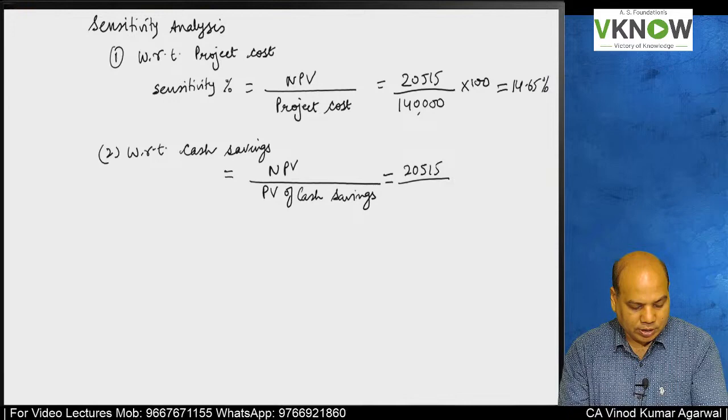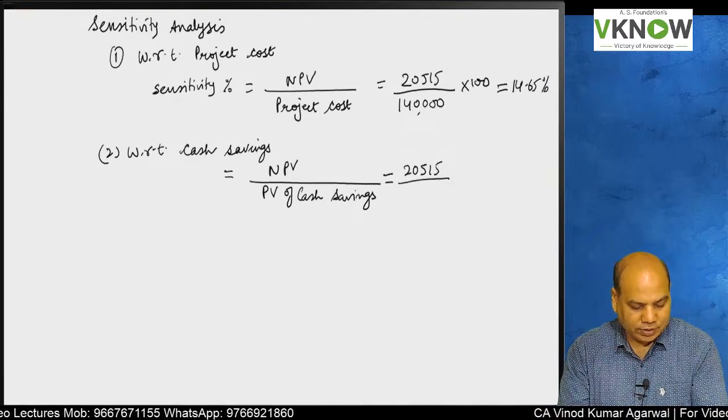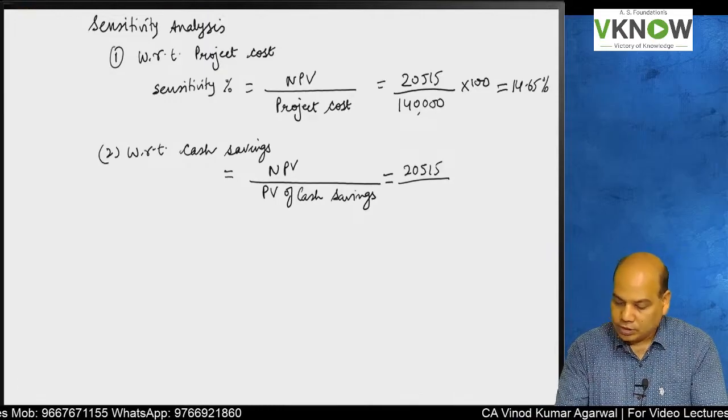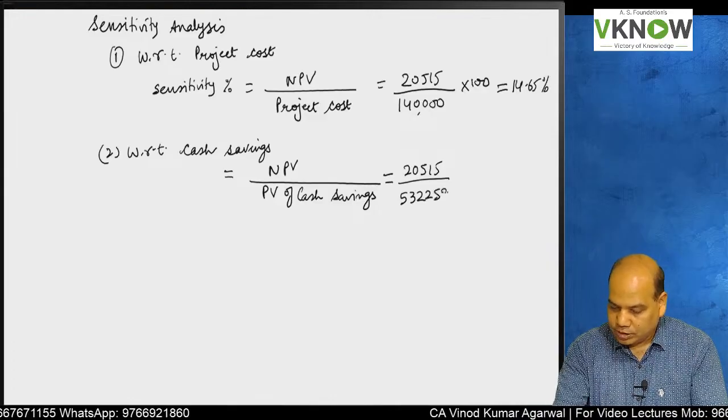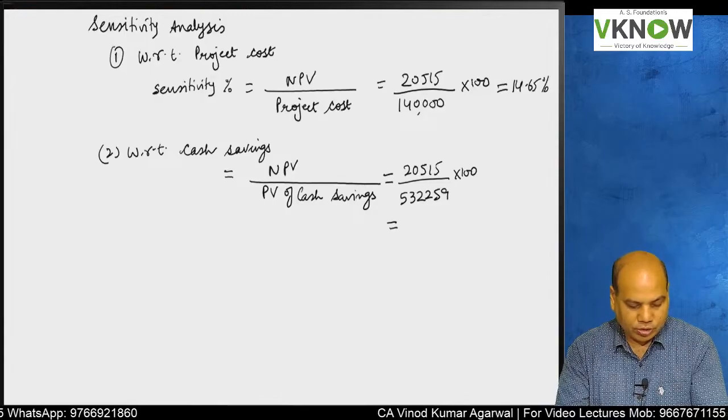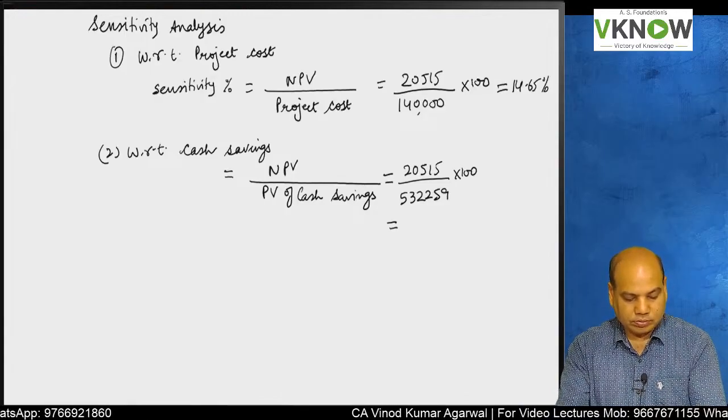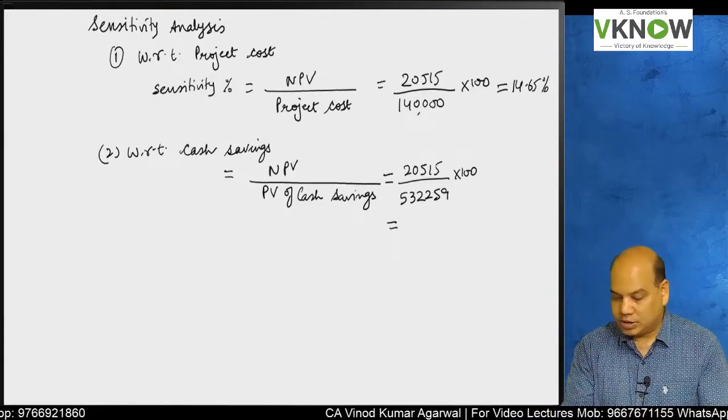Can you please tell me the PV of cash saving? 532259 into 100, percentage.